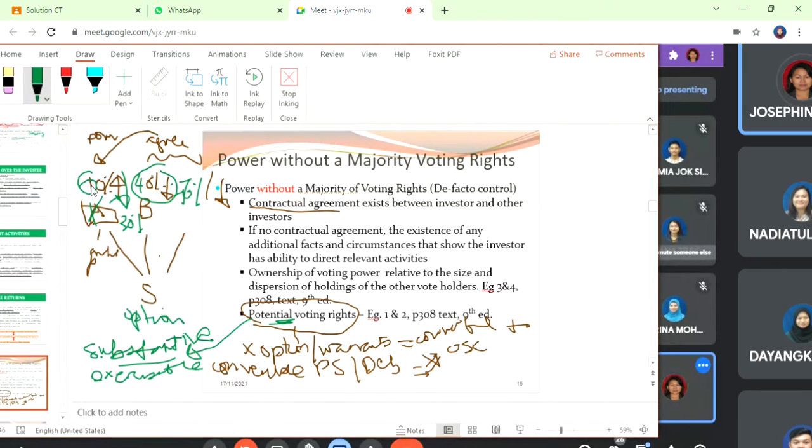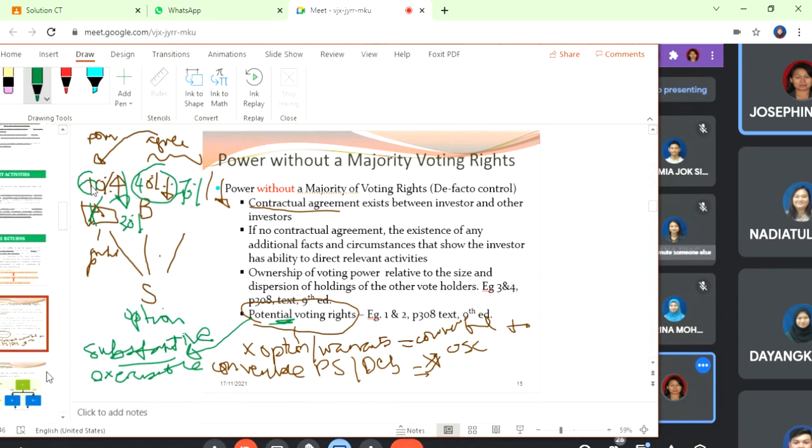Only then can we say that this potential voting right is substantive and is going to lead to this situation. So this is just theory. When it comes to calculations, I don't want to confuse you, they are very direct.